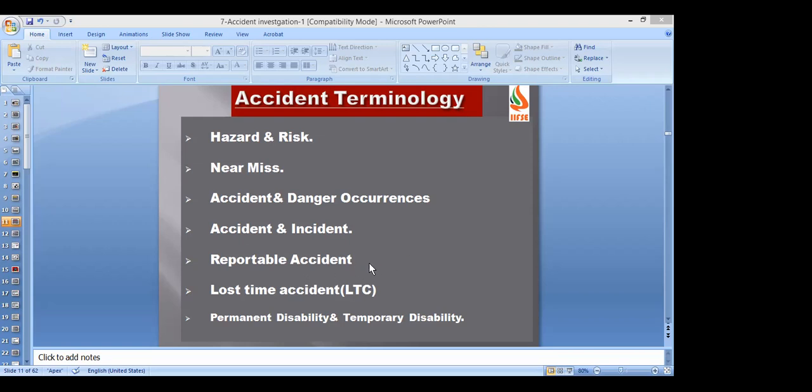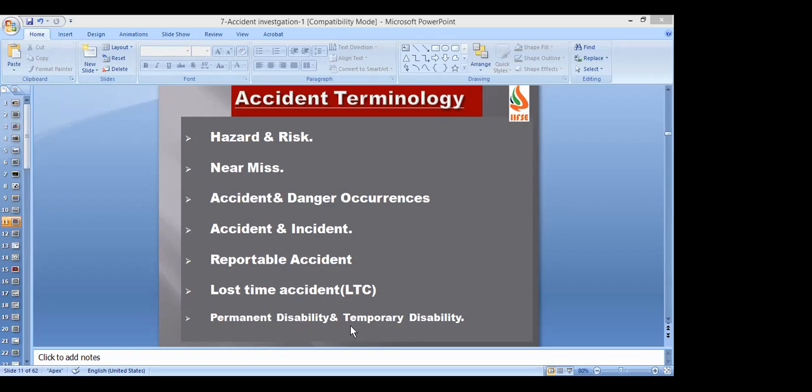Then reportable accident: in the sense a person met with an accident, and from the time of the incident the person is not able to report for duty within 48 hours. Those kinds of accidents come under reportable accidents. Then lost time accidents, LTC. It is another way of telling a reportable accident.